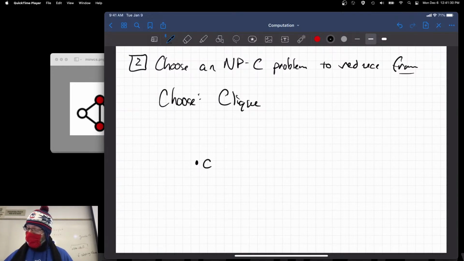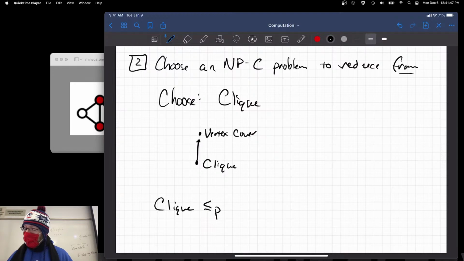I'm going to reduce clique to this problem here, vertex cover. Basically, in more precise words, I'm taking this clique problem and showing that it is no harder under polynomial time mapping reductions than vertex cover.